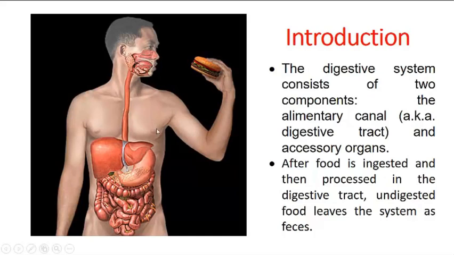After the food is ingested, it is processed in the stomach, which is a part of the upper GI tract, and then the food is digested in the small intestine. After that, the nutrients are absorbed and the waste is released in the form of feces through the anus.